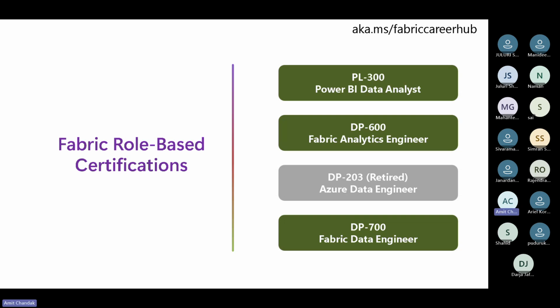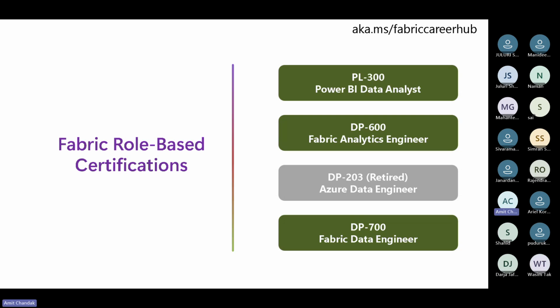Previously, we used to have DP 203, Azure Data Engineering, which is now getting replaced with DP 700, which is Fabric Data Engineering. As you know, Fabric is this new integrated platform, which is now taking over as the platform of choice in the Microsoft ecosystem.